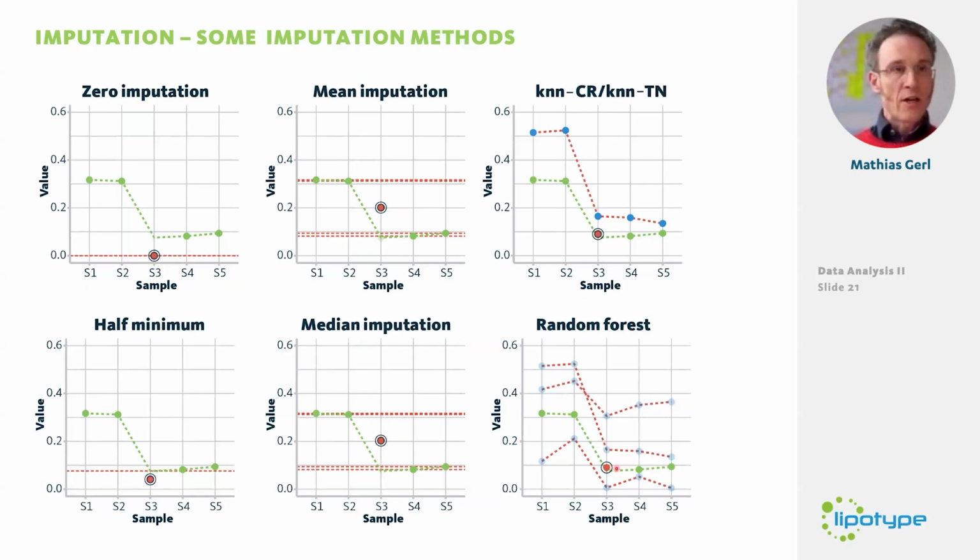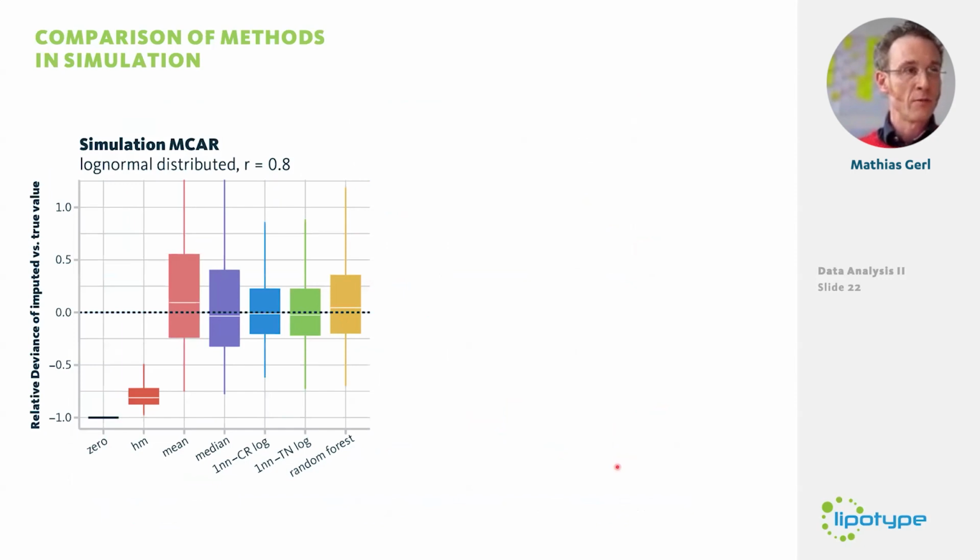So what we did now is to use all these methods, and in a first approach did some simulations. We simulated the missing completely at random case, where you just toss a dice and some value disappears, and had a look at how well these behave.